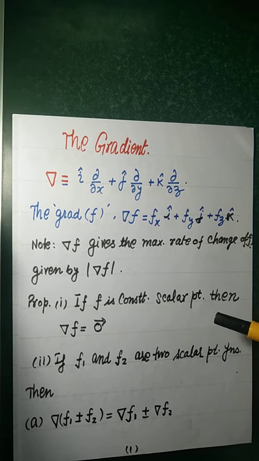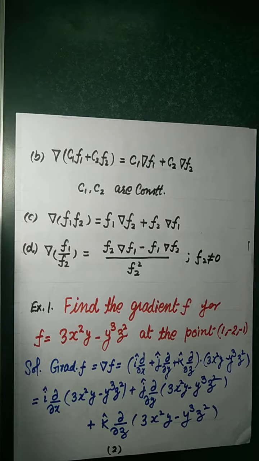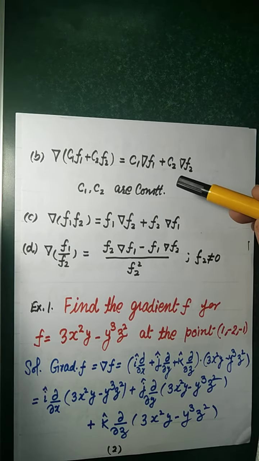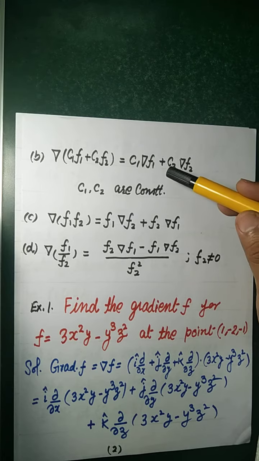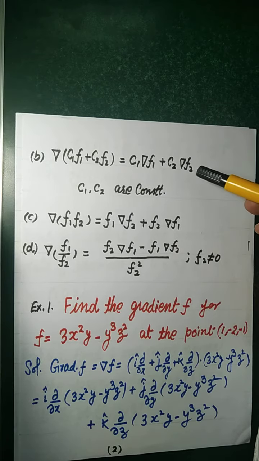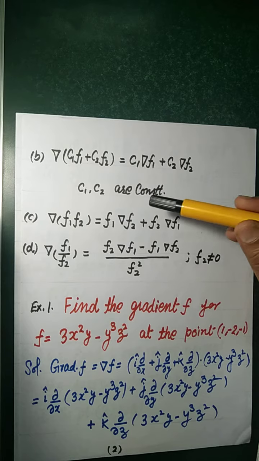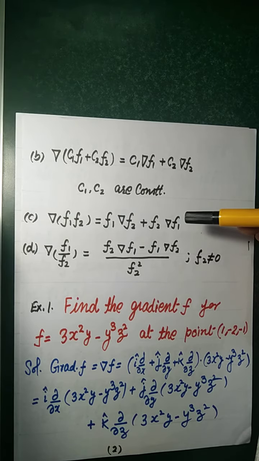If f1, f2 are two scalar point functions, then del (f1 plus minus f2) is del f1 plus minus del f2. Del (c1 f1 plus c2 f2) equals c1 del f1 plus c2 del f2, where c1, c2 are constants.